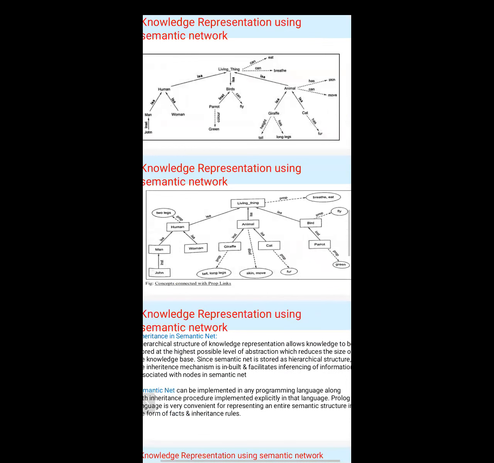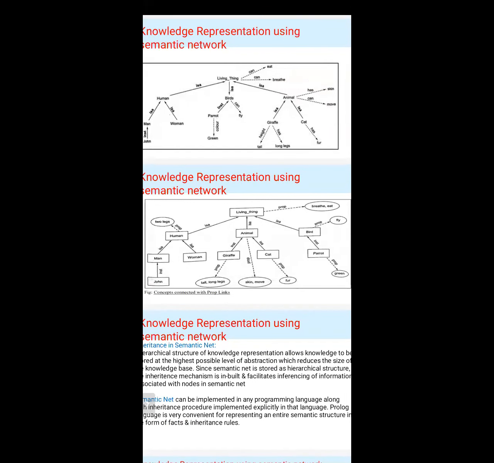Next, here also one, the instance. That means his name is John, who is a man. Next, here animal. So giraffe is an animal and cat is an animal.